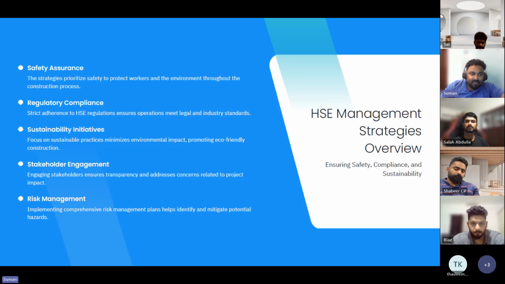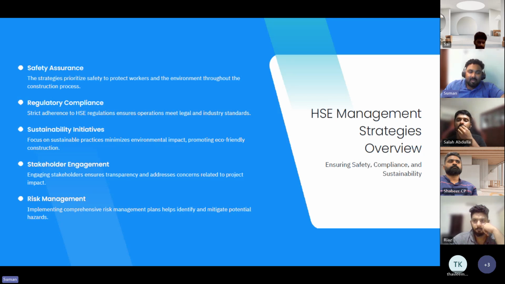Sustainability initiatives focus on sustainable practices, minimize environmental impact, and promote eco-friendly construction. Stakeholder engagement: engaging stakeholders, as mentioned earlier, to ensure transparency and address concerns related to how the project may impact them in any way.